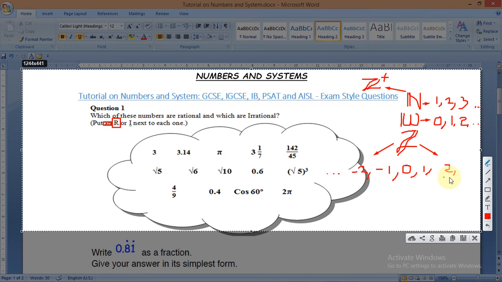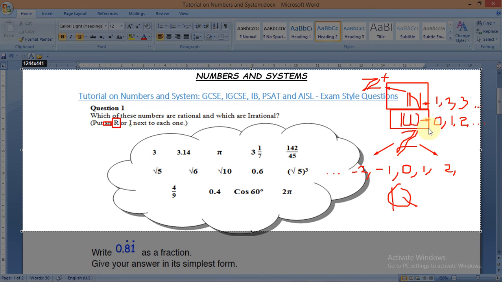Then after this you now have your rational numbers, and that's what we are dealing with now. This set of natural numbers, set of whole numbers, set of integers are all subsets of rational numbers, meaning that everything here also fits in as a rational number. But I told you earlier that rational numbers are what?